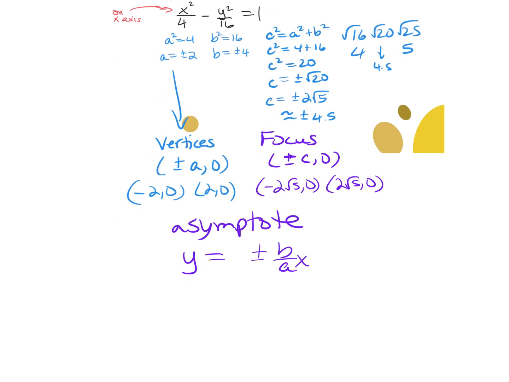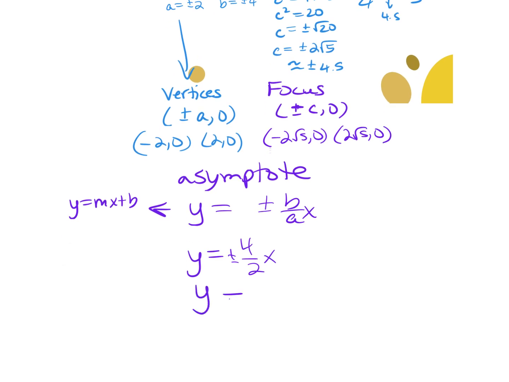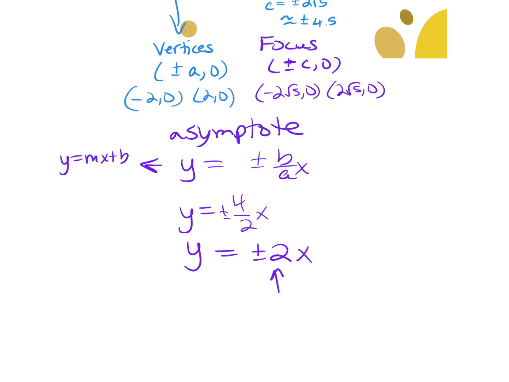So again, think of this as being y equals mx plus b, but in this case, our b is going to be 0. So I'm going to plug in my b value, which is 4, and my a value, so it's plus minus. This will simplify to y equals plus or minus 2x. So in my y equals mx plus b form, this is my slope.